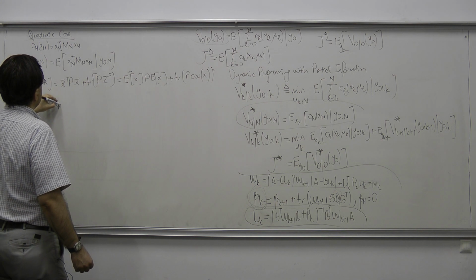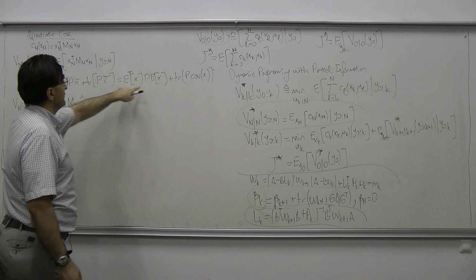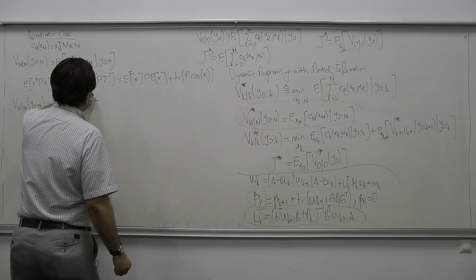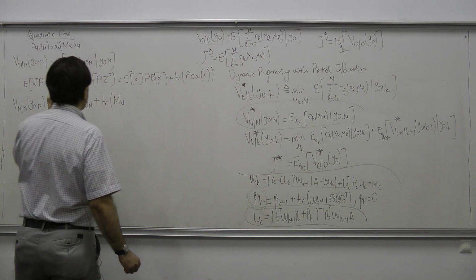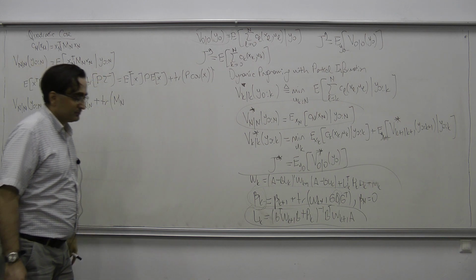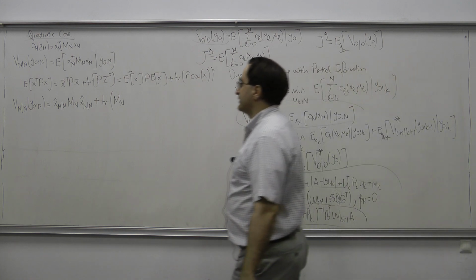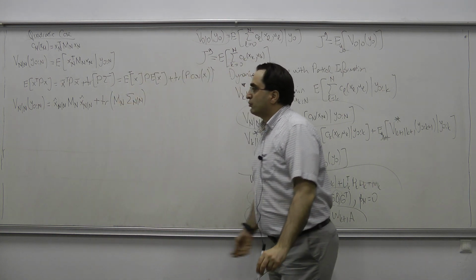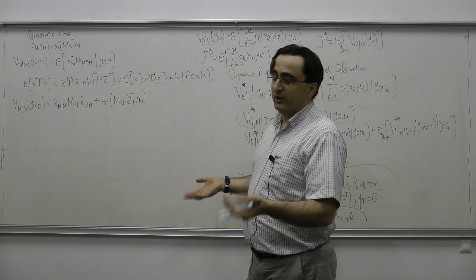So I have x hat n given n transpose times the matrix Mn times the same estimate, okay? X hat n given n, my Kalman filter estimates, and then plus trace of this matrix Mn times covariance of xn given y0n. What is that? That is the Kalman filtered covariance at the final time. Okay? Sigma n given n. Okay? So this is my final cost to go function, or the initial cost to go function.